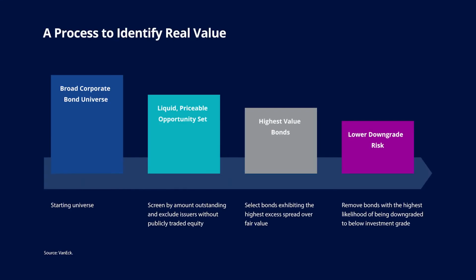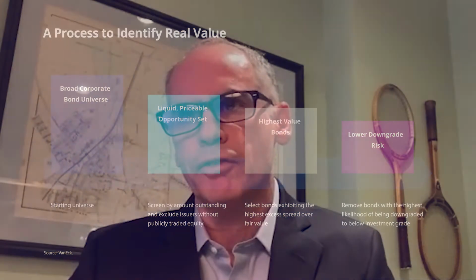Also, by the way, I should mention that the screen, by seeking bonds with more than enough compensation for their risk of downgrade, also screens out bonds that don't have enough compensation for their risk of downgrade. And within the investment grade space, that's obviously very important, but it's particularly important within the triple B space. So for investors who have sought more yield within the credit space in general, gone heavier triple B, or look for crossover strategies, by using an approach like this, one may be able to avoid some degree of fallen angel risk.